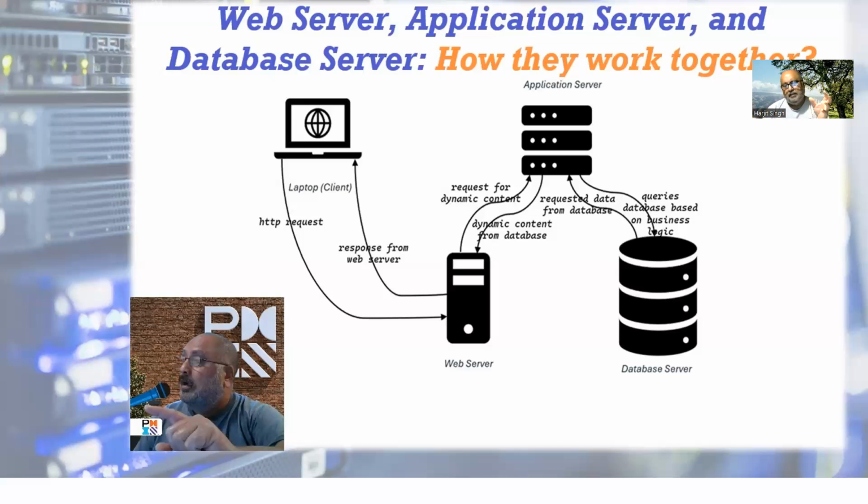The application server is an interface between the web server and the database server, right? The job of the application server is to understand what kind of custom request is coming, and then it launches the appropriate query to the database, and the database provides the requested information.